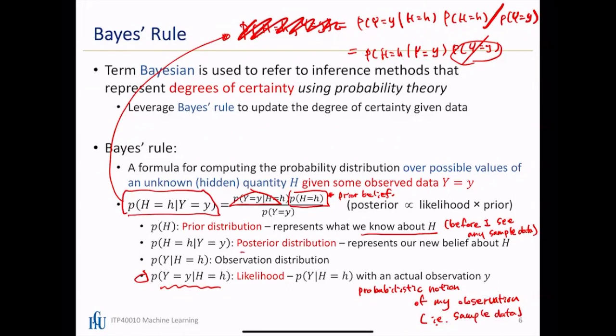That has a name, the posterior distribution. The posterior distribution represents our updated belief after we see the data. So this is a posterior belief. Bayes' rule is basically describing how your original belief changes after you see some set of data.